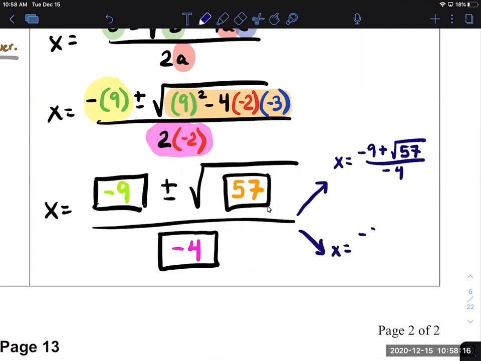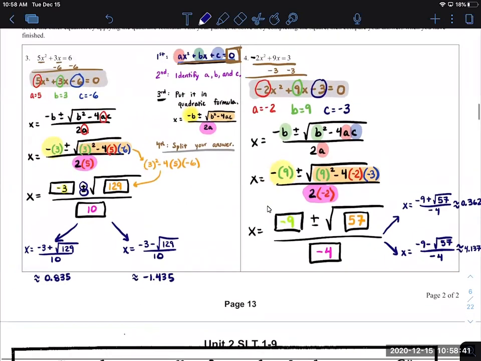The other is -9 minus the square root of 57 divided by -4. Put those two things in Desmos to find your approximate answers. That's 0.362. Another one, you get 4.137. So that takes care of all of our examples about the quadratic formula.